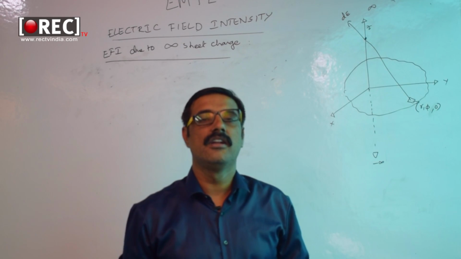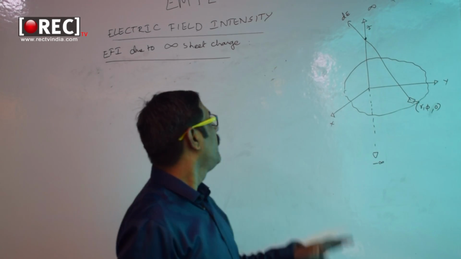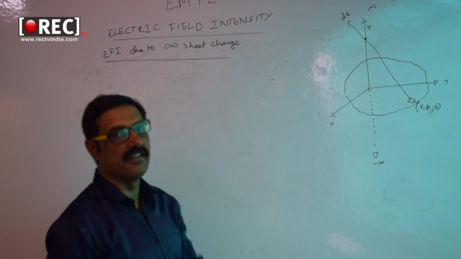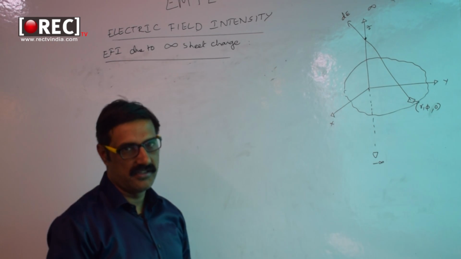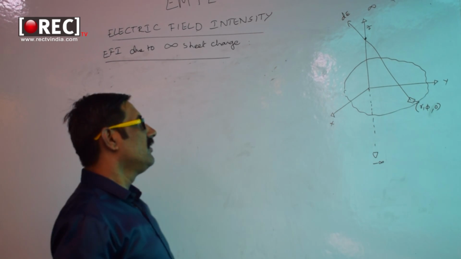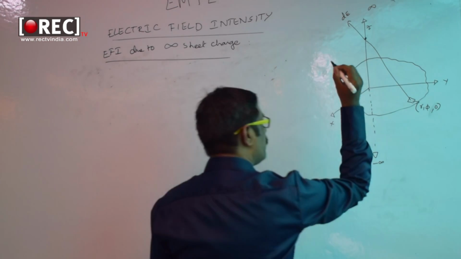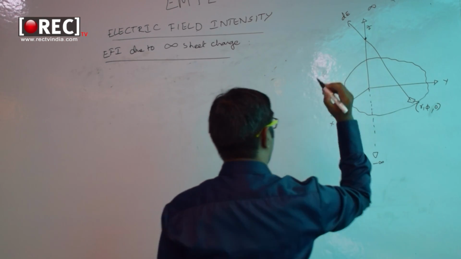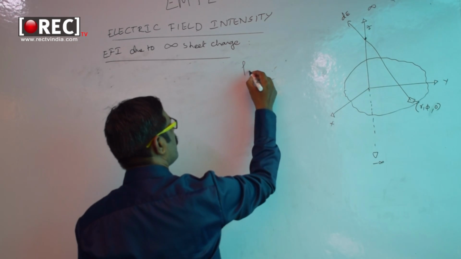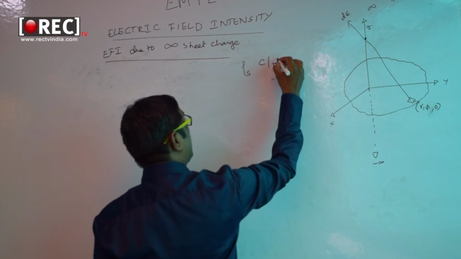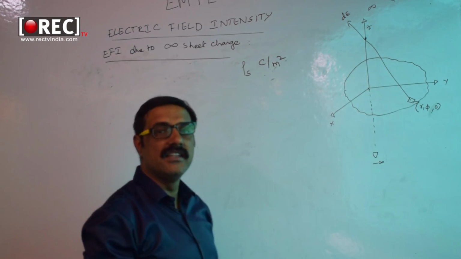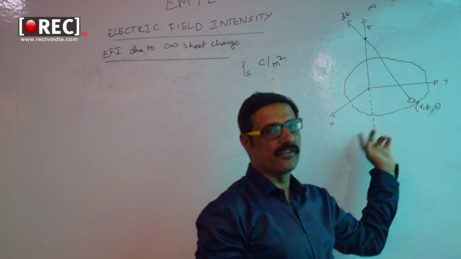Now let us derive an expression for the electric field intensity due to an infinite sheet charge. Sheet means surface. So let us consider a sheet charge containing a density of rho S coulomb per meter square lying in the horizontal plane or xy plane.